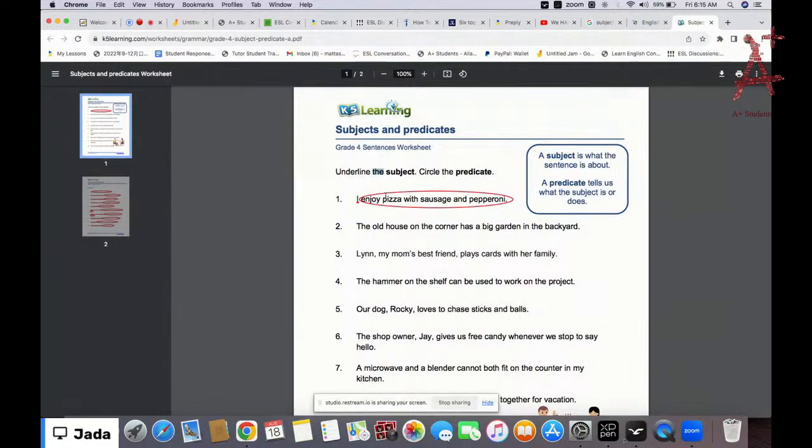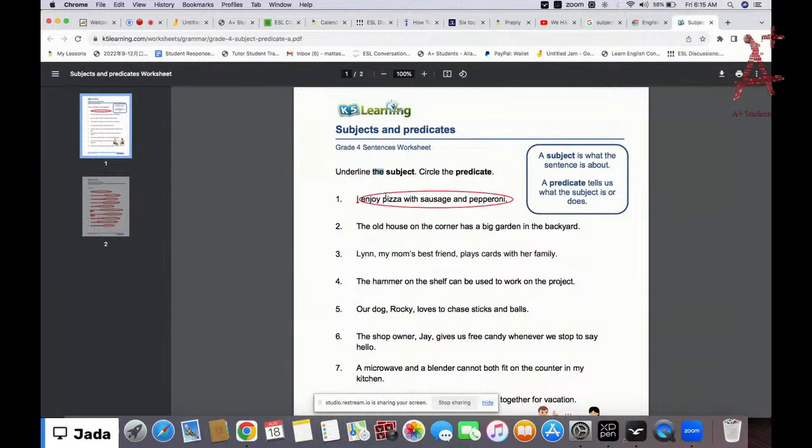So now, I enjoy pizza with sausage and pepperoni. So you need to just find the person who enjoys the pizza. The person who enjoys it is I. So I is the subject.